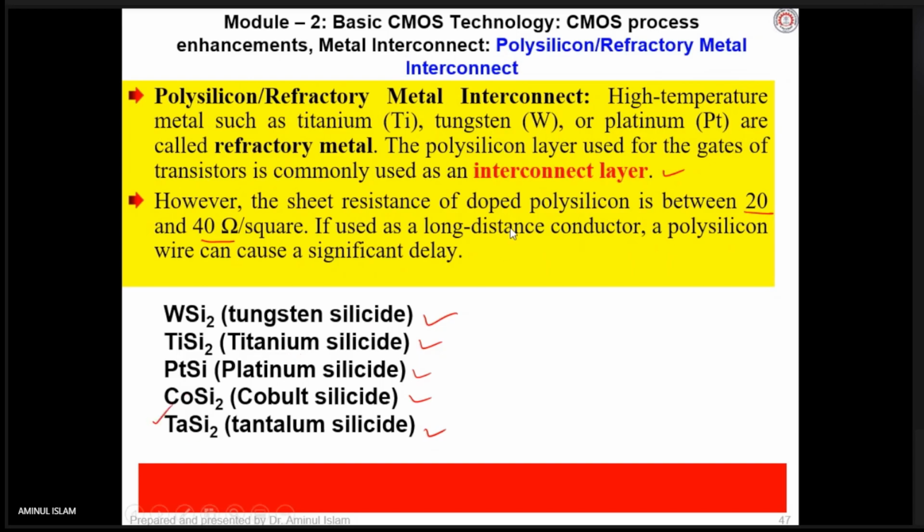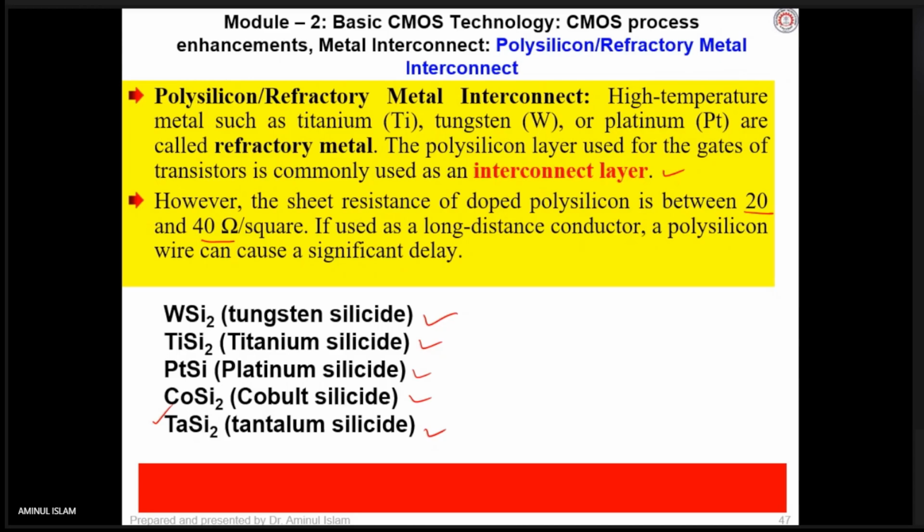And what will happen? Silicon will form an alloy with these refractory metals, which have a high melting point. This metal can withstand high temperature, so it is called refractory metal. Once you apply these layers on top of polysilicon or on the source and drain region, the resistance of those regions will be less.